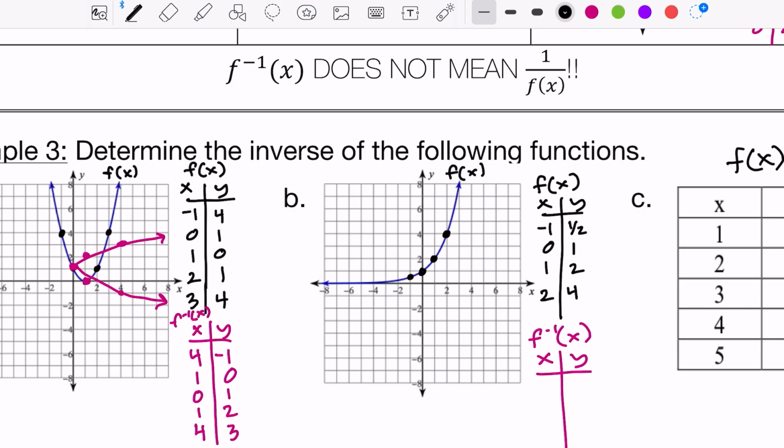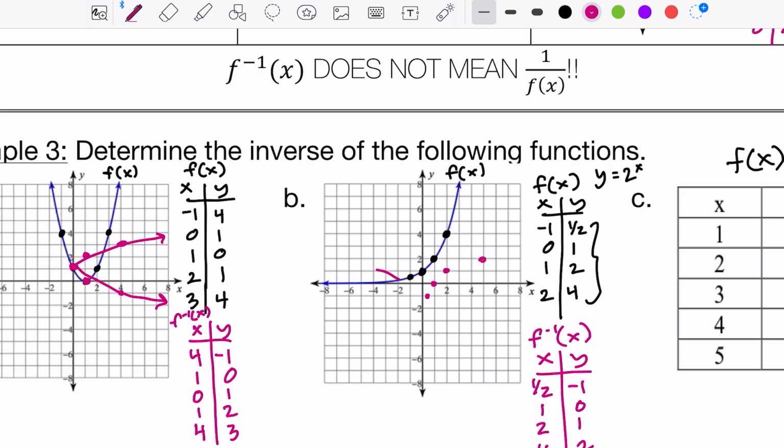Maybe you can notice that this graph is an exponential. In fact, it's y equals 2 to the x because of how these are going up. You don't need to know that, but it's good to make connections. And then I'm going to switch x and y. And then I'm going to go ahead and plot those points. So 1/2, negative 1 is there. Then we have 1, 0, 2, 1, and 4, 2.